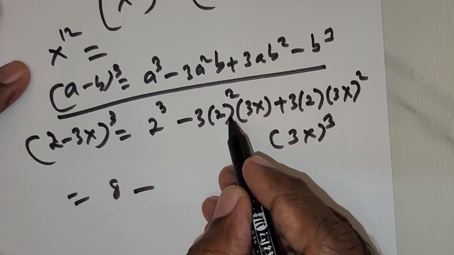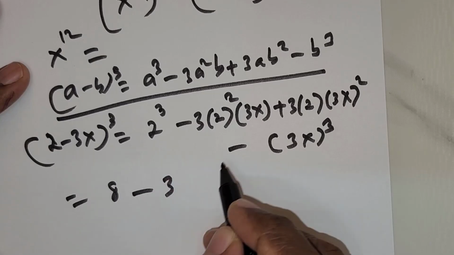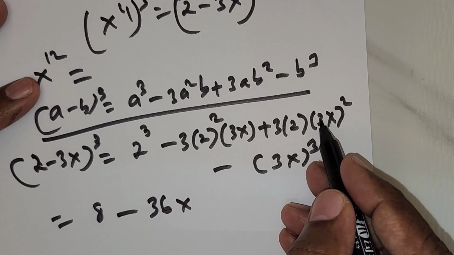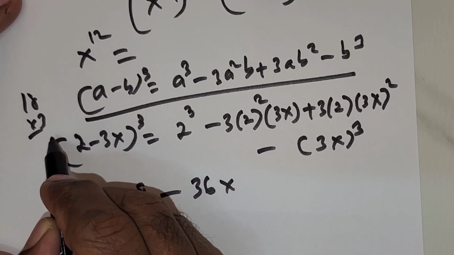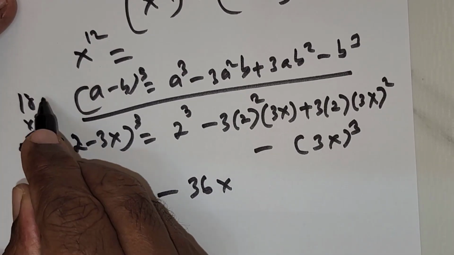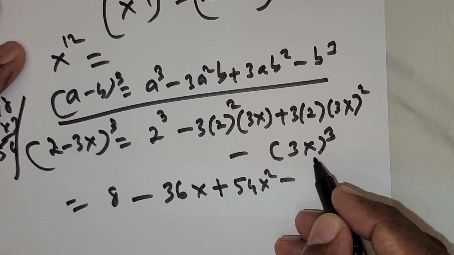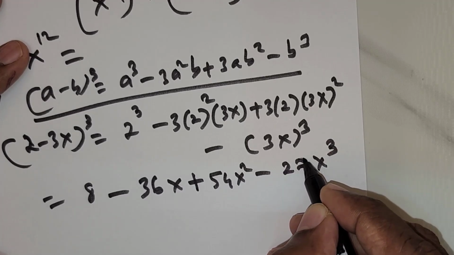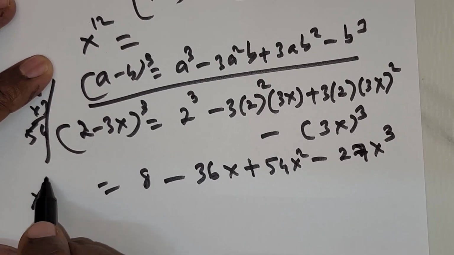Now 2 cubed is 8, 2 squared is 4, 4 times 3 is 12, 12 times 3 is 36x. Then 9 times 2 is 18, 18 times 3 is 54. So this will give me 54x squared and this will give me 27x to the power of 3. And on the left you have x to the power of 12.